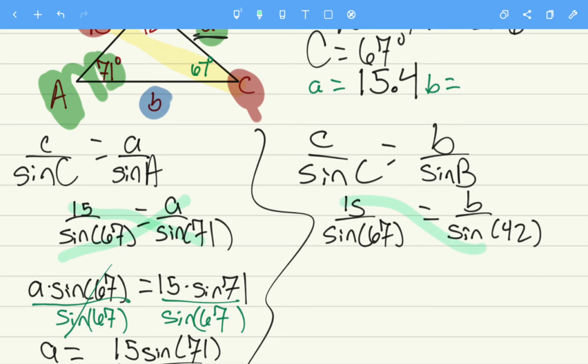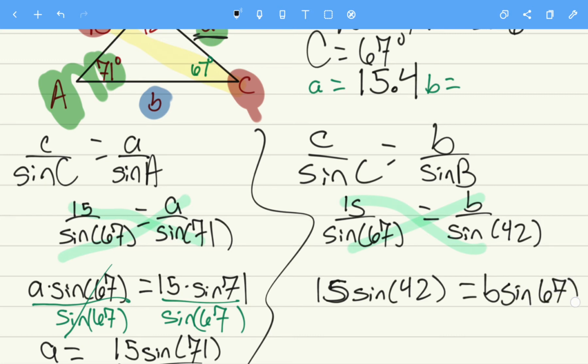Let's go ahead, cross multiply. We got 15 sine of 42 equals B times sine 67.